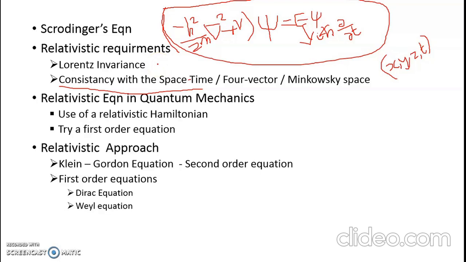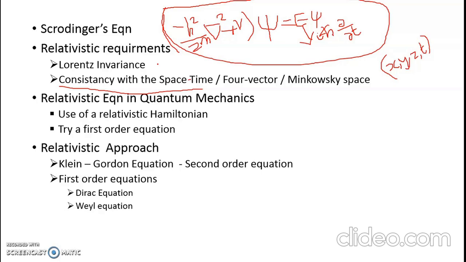It's inevitable that we will have to search for a relativistic equation, since quantum mechanics is a branch where we will always be talking about microscopic systems having velocity close to the velocity of light in free space.